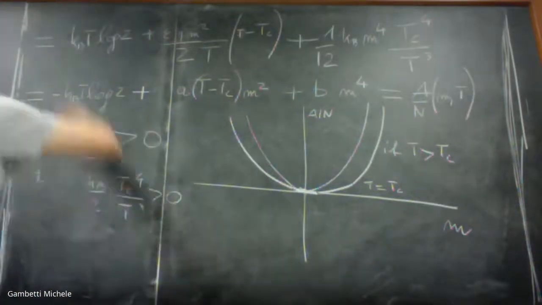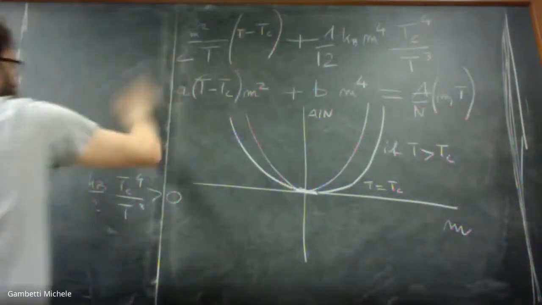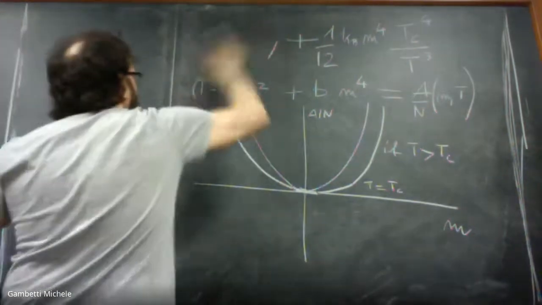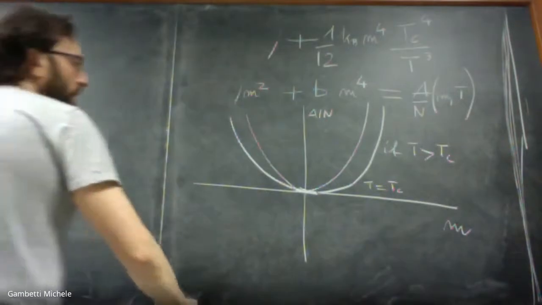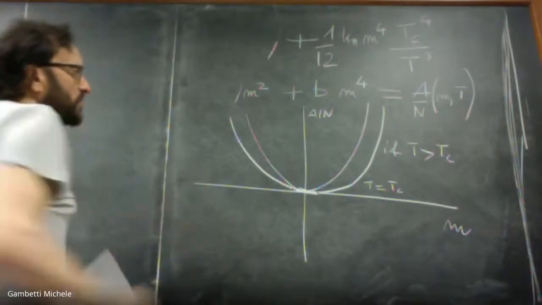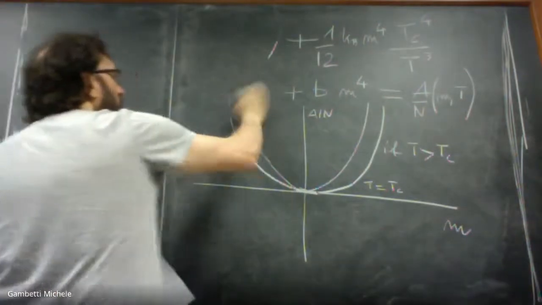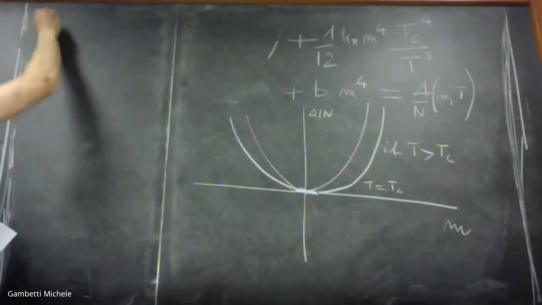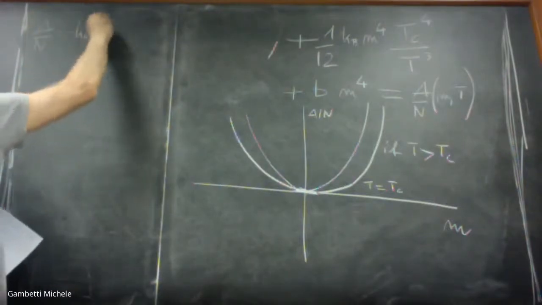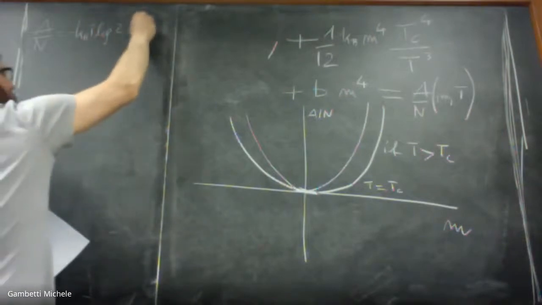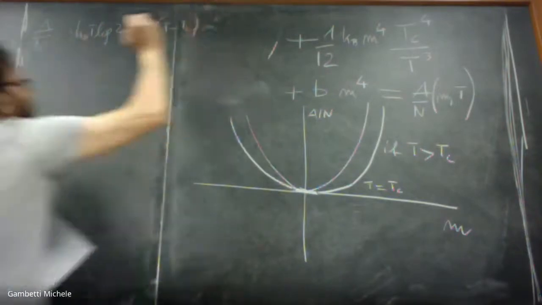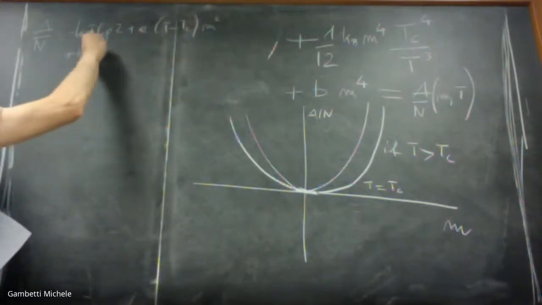And now, this is the magic of phase transitions and critical phenomena: when I do the plot for t smaller than tc, it's completely different. Because now, this term here, let me write again what was the form. This is minus k t log of 2 plus a t minus tc m to the power of 2 plus b m to the power of 4.